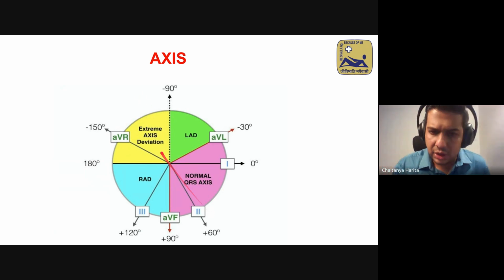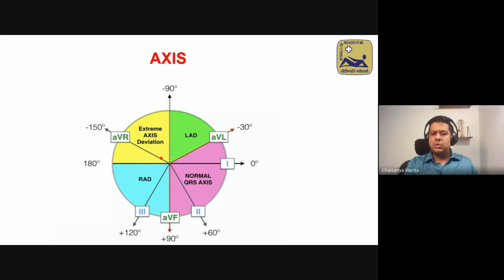Ideally, the axis is looked at along lead 2, which perfectly bisects lead 1 and AVF. The axis lies anywhere between 0 and 90 degrees. So when you want to eyeball an ECG and look at the axis, you only need to look at two leads, lead 1 and AVF.